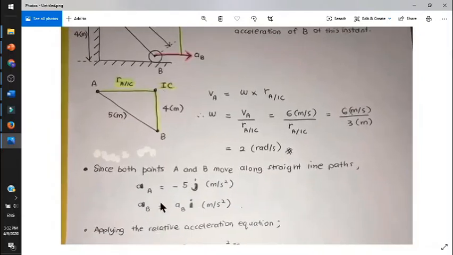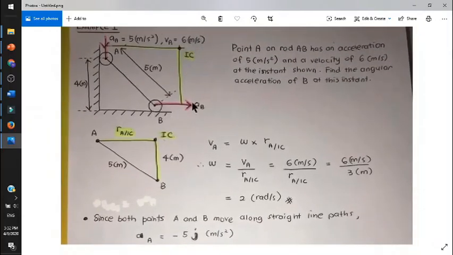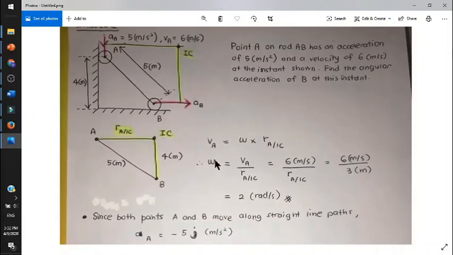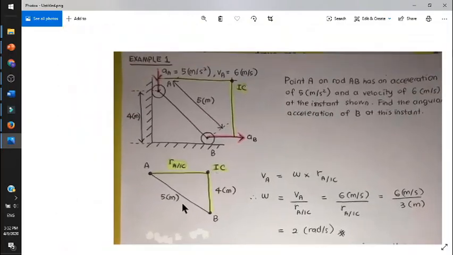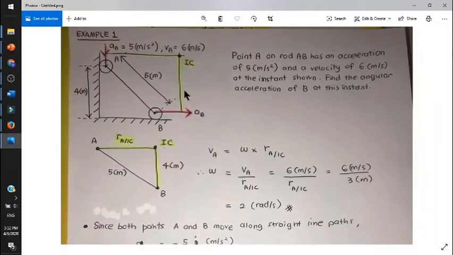Meanwhile AB should be ABI, to the right, and it is positive. So now we already know AA equal to negative 5J, AB equal to ABI. We don't know yet the magnitude of acceleration B.